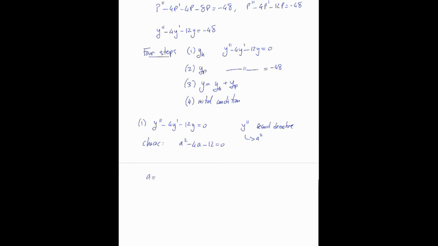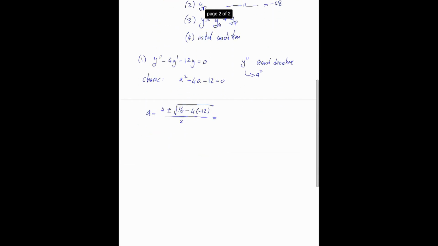So a equals 4 plus minus the square root of 4 squared minus 4 times 1 times minus 12, over 2. That becomes 4 plus minus the square root of 16 minus 4 times minus 12, which is 16 plus 48, which is 64. And the square root of 64 is 8.